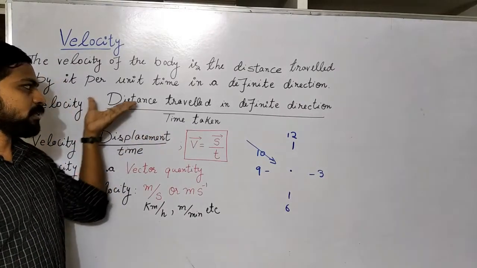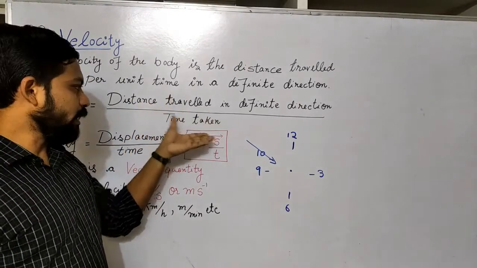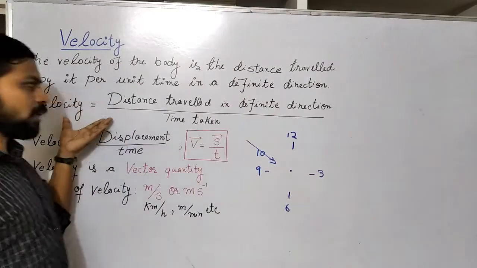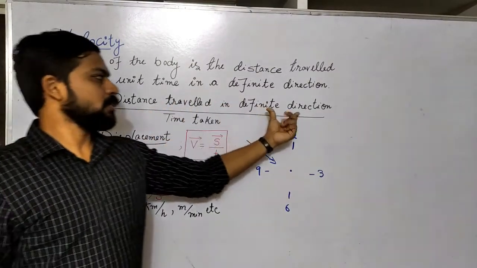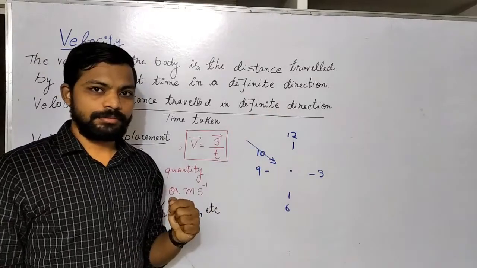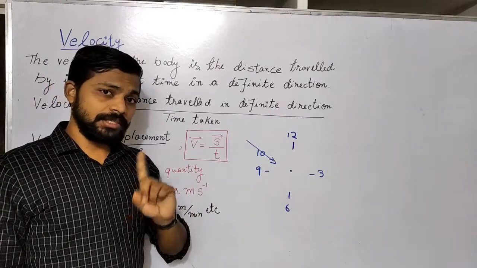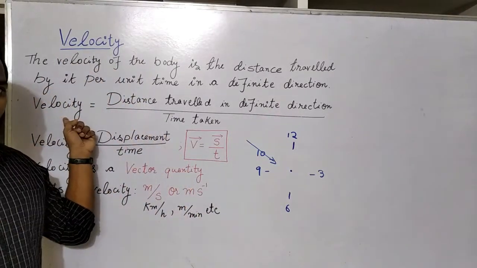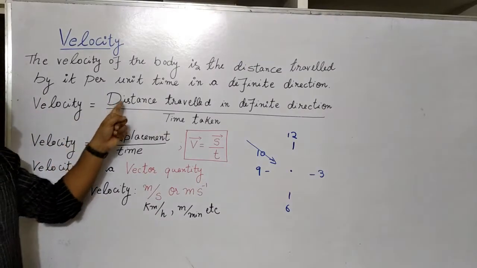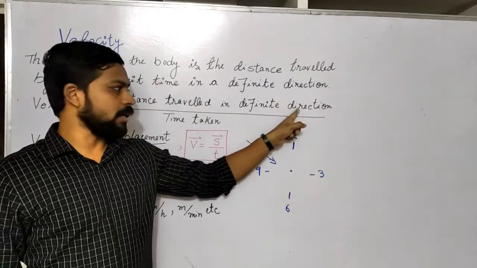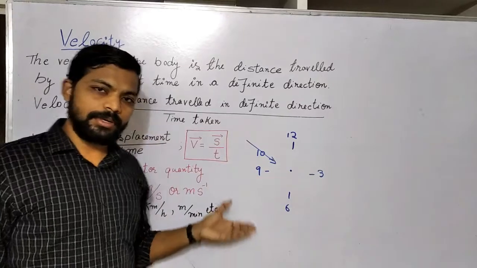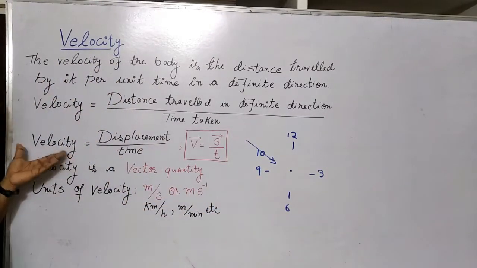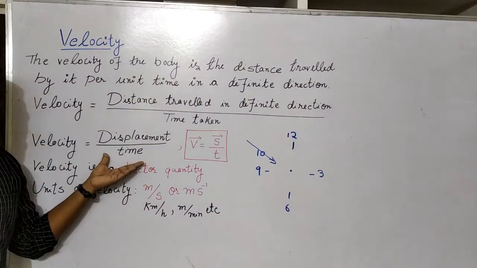Speed is also nothing but distance traveled by time. But here in velocity, we are adding this phrase, in a definite direction. If the direction is changing, then velocity will also change. Distance traveled in a definite direction is nothing but displacement. So we can write the formula for velocity as displacement by time.